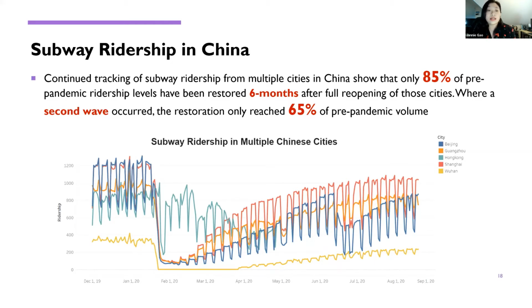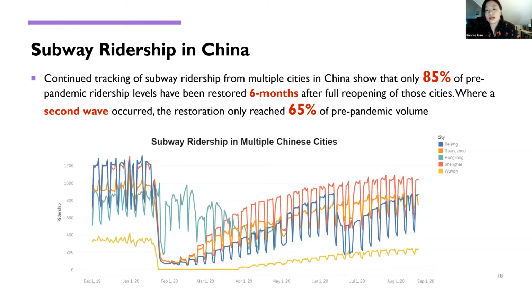And if a second wave of COVID-19 occurred, as you see with the blue line over here for Beijing, this restoration further goes down, and it only reaches 65% of the pre-pandemic level. So although New York City or other cities in the US are not exactly the same as those mega cities in China, I think this provides us some insights into how our system may look in 6 months of reopening.